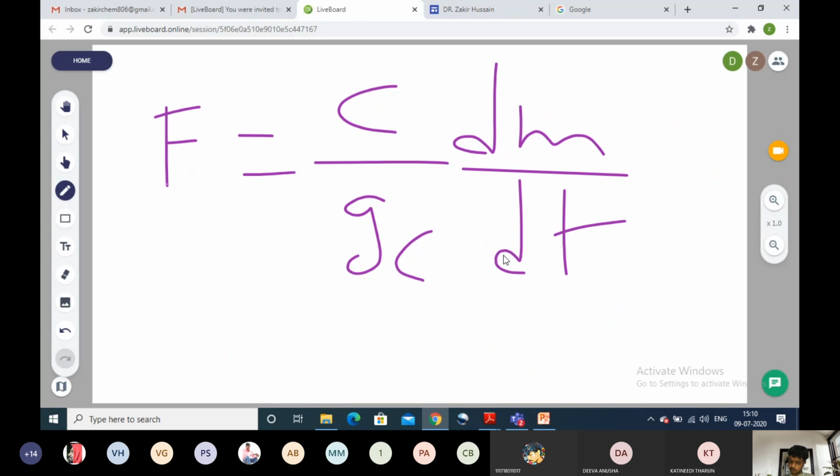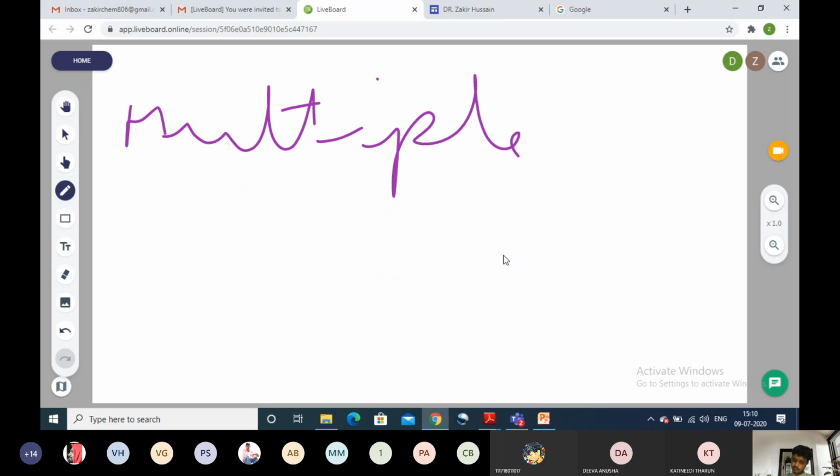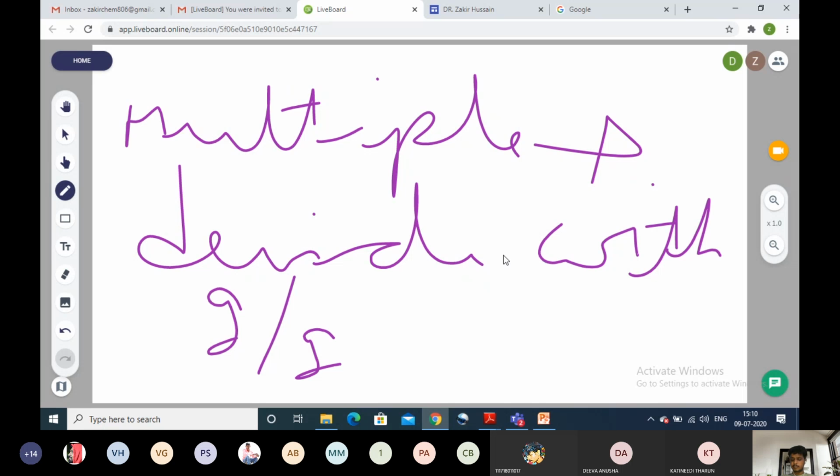Then the next operation is to multiply and divide with acceleration due to gravity, small g. This is acceleration due to gravity, whereas gc is the gravitational constant.